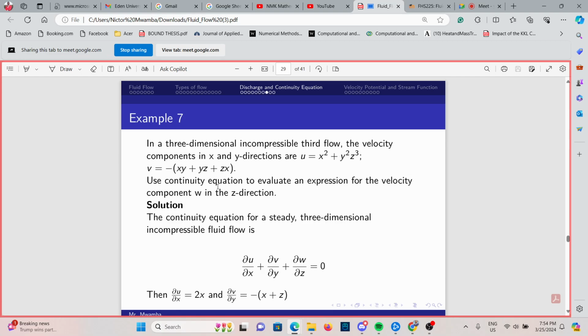Use the continuity equation to evaluate an expression for the velocity component w in the z direction. Or in other words, find the other velocity component in the z direction.